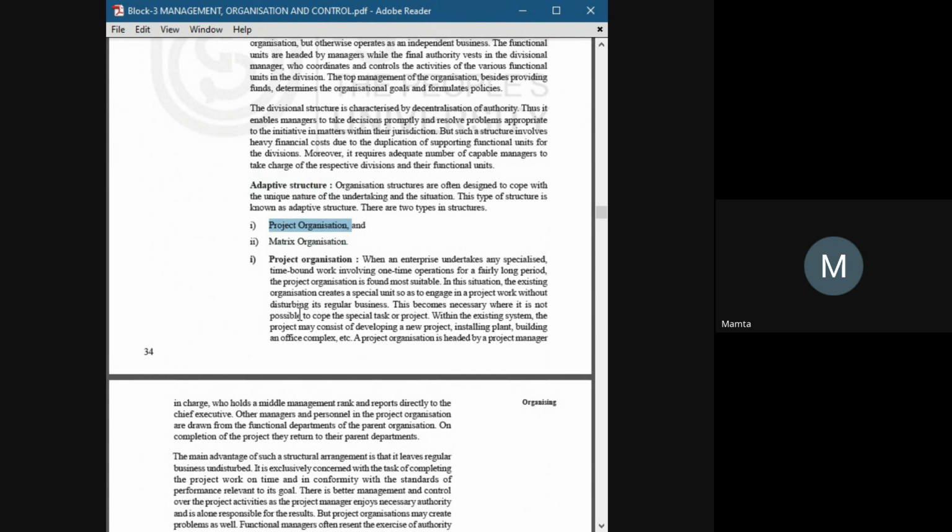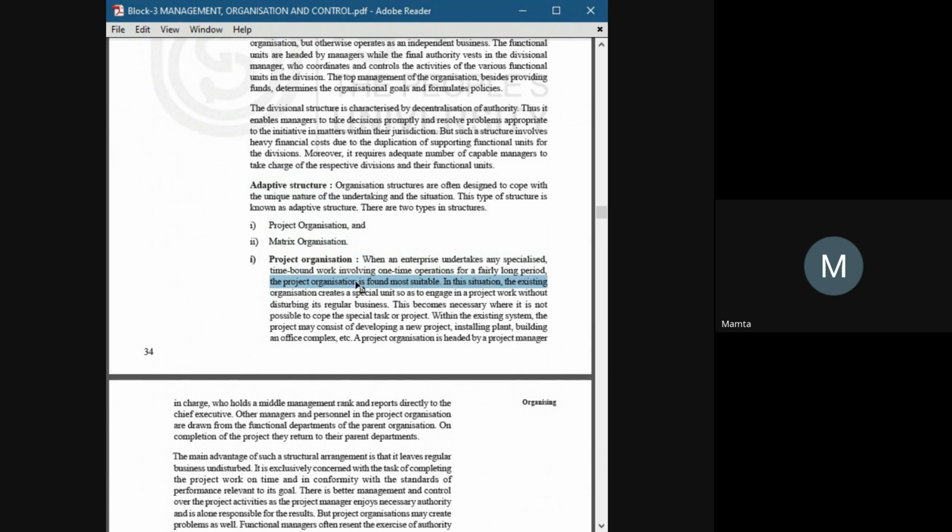If we are creating a team for a particular project, then it will be considered as project organization. When an enterprise undertakes any specialized time-bound work involving one-time operation for a fairly long period, the project organization is found most suitable.